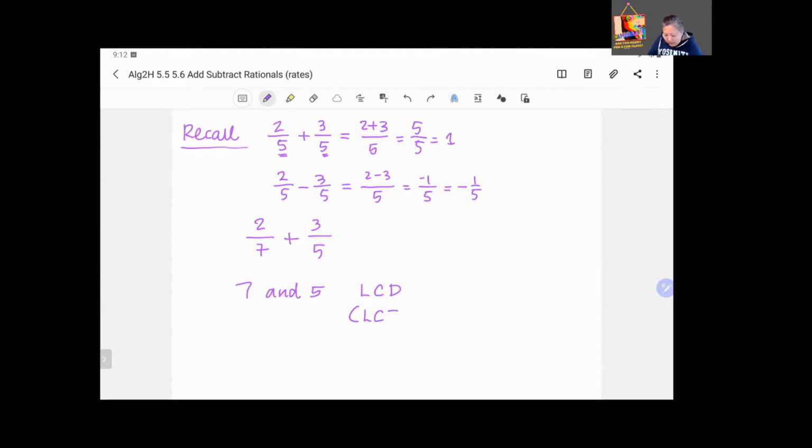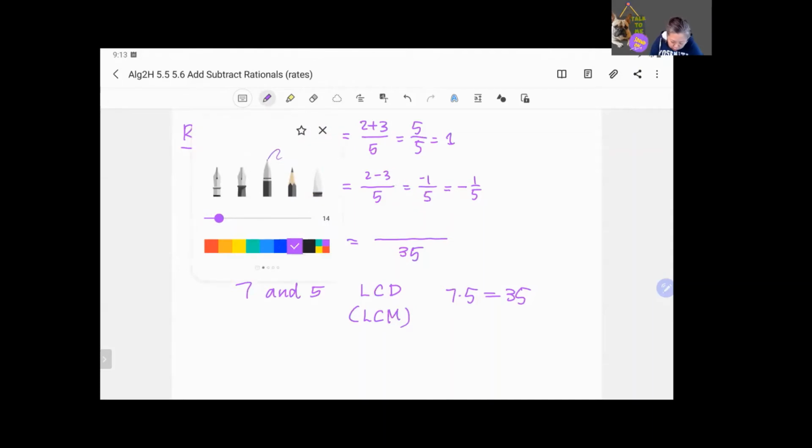The least common multiple between 7 and 5, and they don't have any common factors, right? Then all we have to do is just 7 times 5, and then it makes 35, right? So now we know the denominator between 7 and 5 should be 35 in the next step.